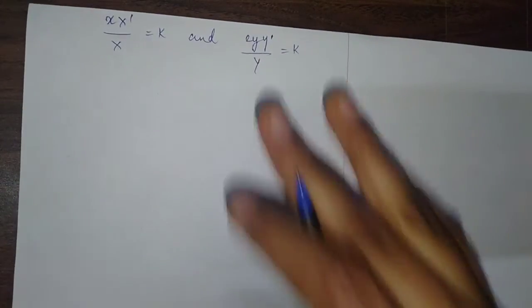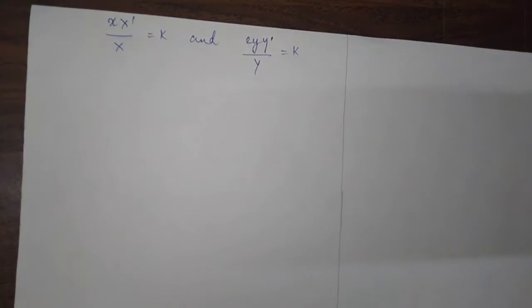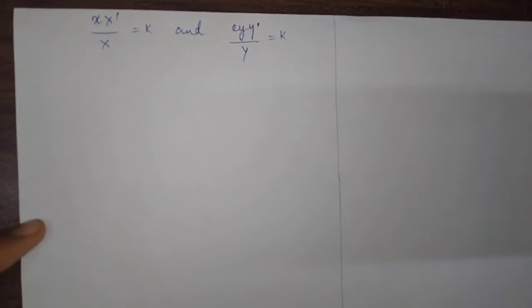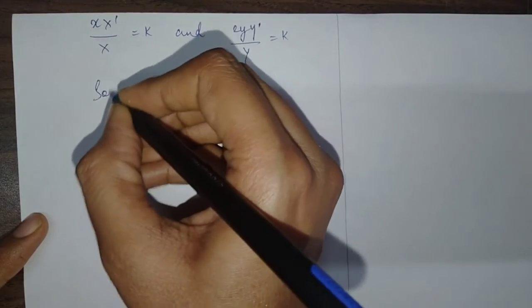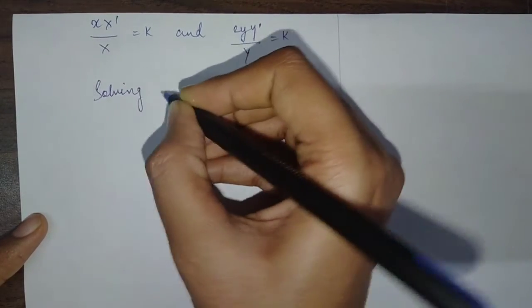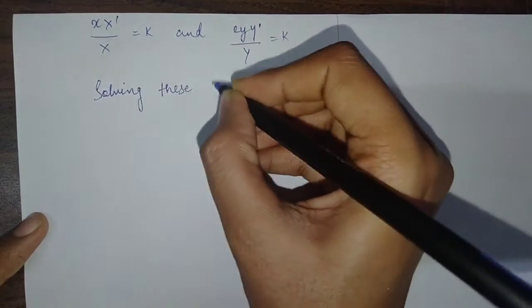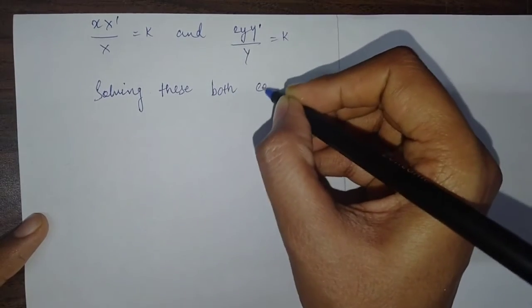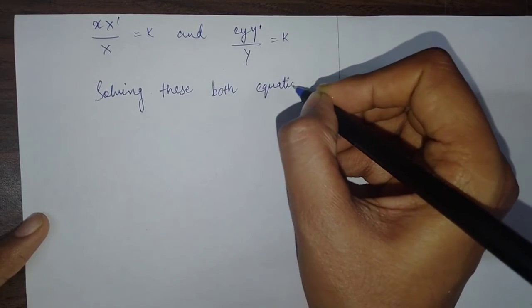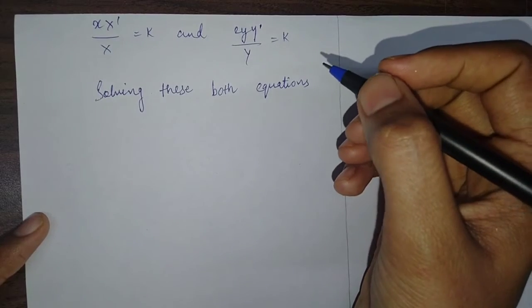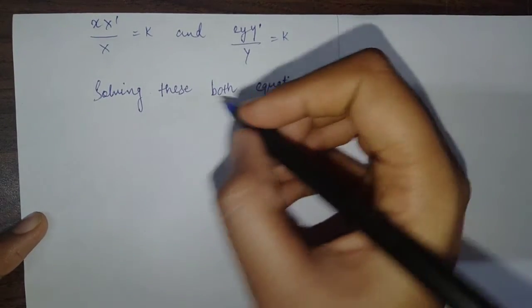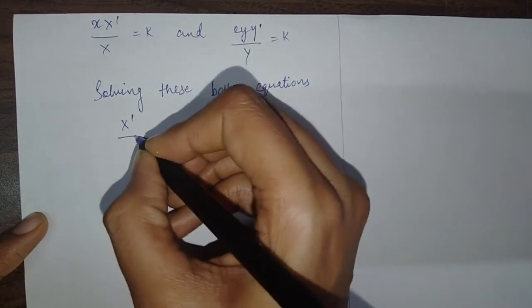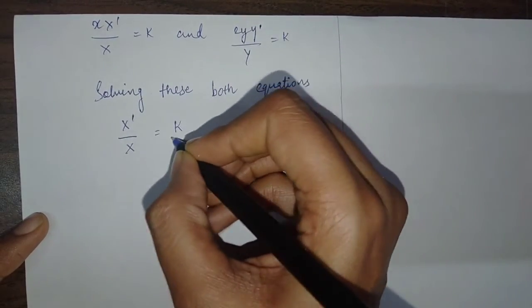Now we have to solve both these equations. Solving both equations, what will we get? X dash by X equal to k by x.